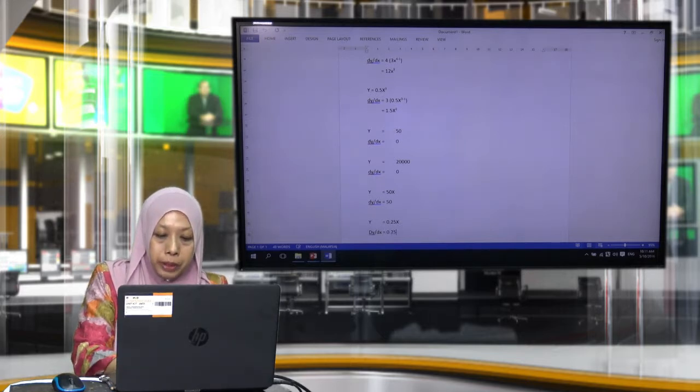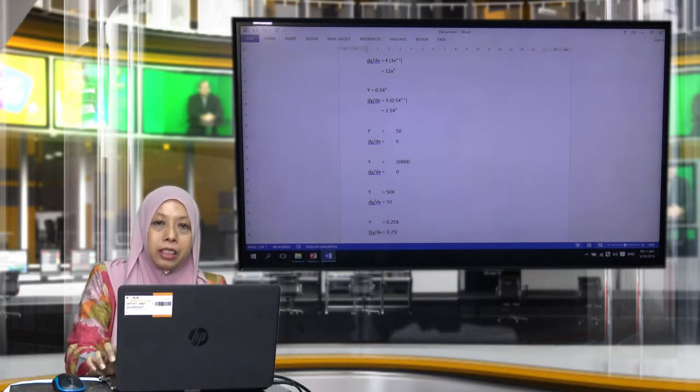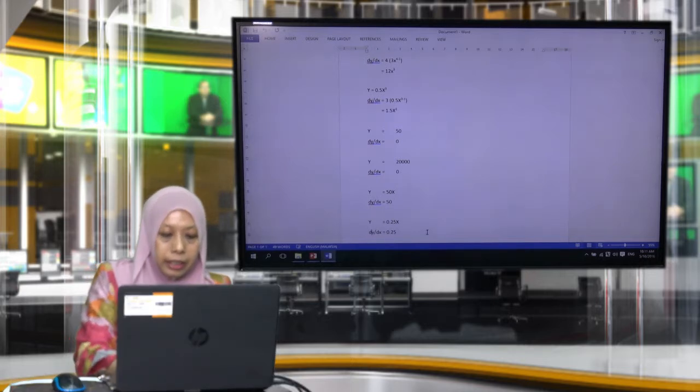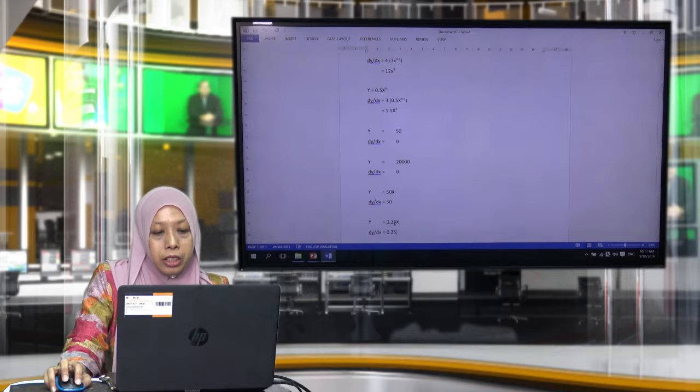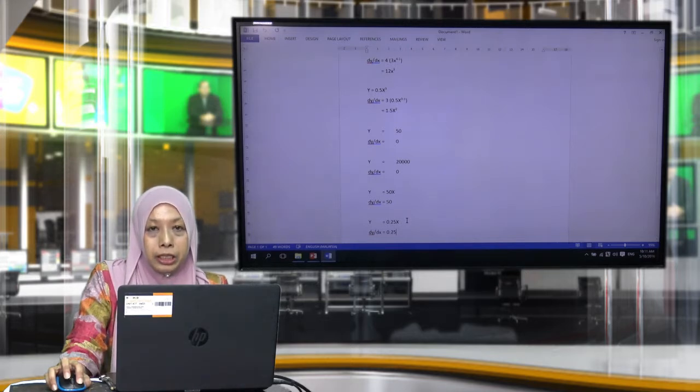The answer would be just the coefficient. Now what's the reason for having only the coefficient? If you differentiate a line function, what you can do is remember the power function rule just now.